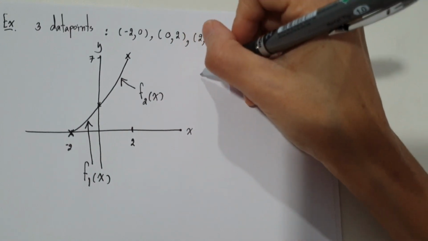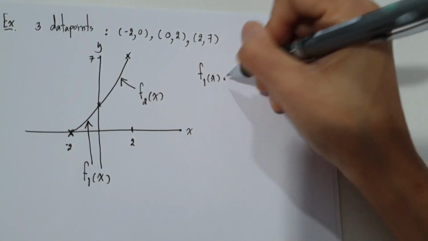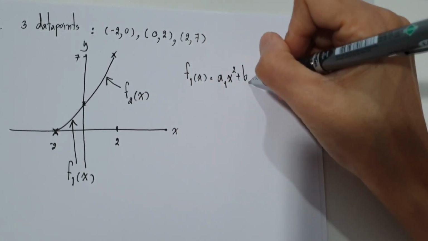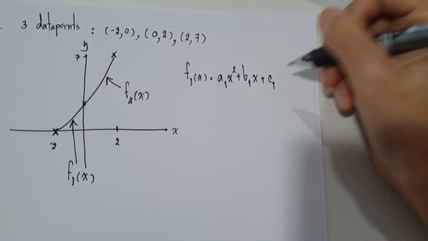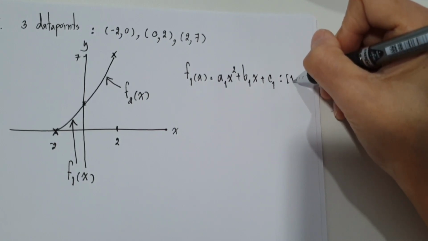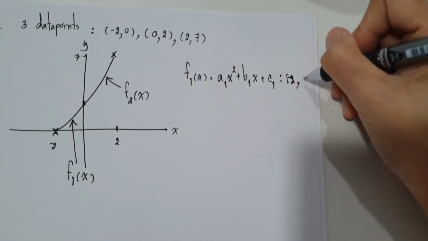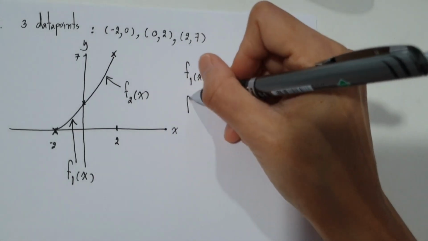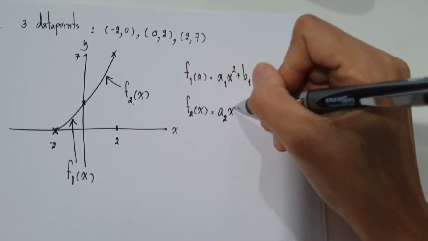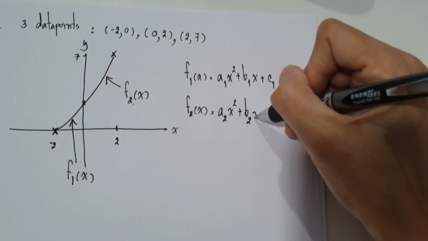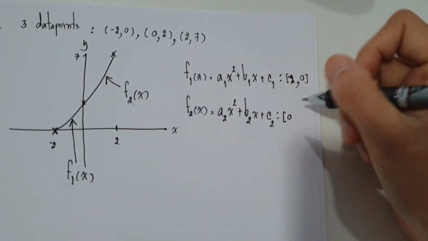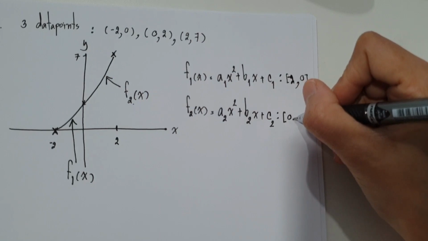For the first function, we can represent it in the quadratic form: a1x squared plus b1x plus c1, where x is in between x0, which here is -2, and 0. f2(x) is a2x squared plus b2x plus c2, and it is valid when x is in between 0 and 2.